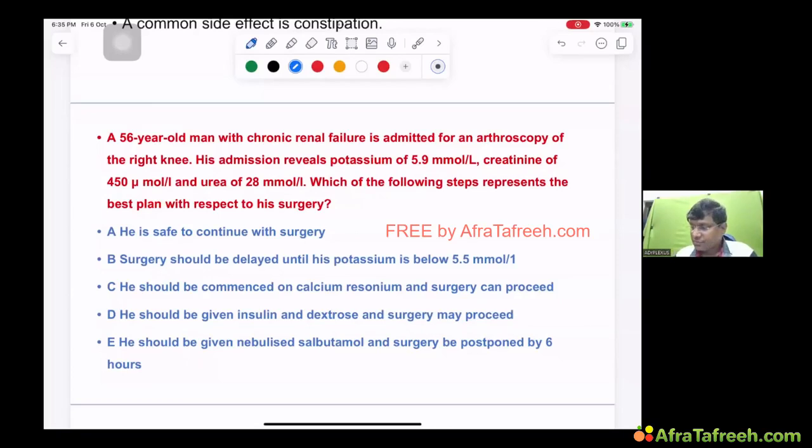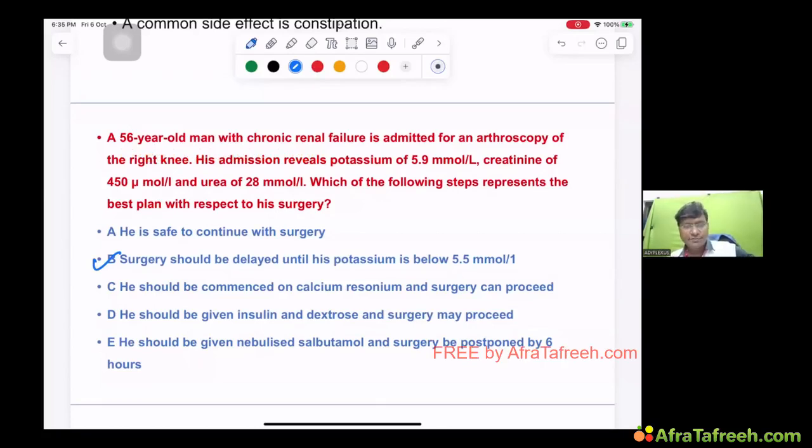Surgery should be delayed until the potassium is below 5.5. This is a very common referral coming from surgical departments to the medicine department: potassium is on the higher side, please come and see what to do next. In these patients, we will give calcium gluconate and then insulin plus dextrose, reduce the potassium to 5.5, and then the patient should be taken for surgery. Right?